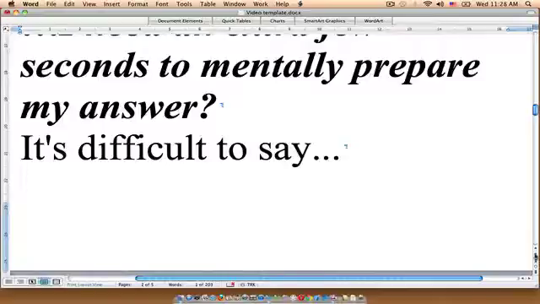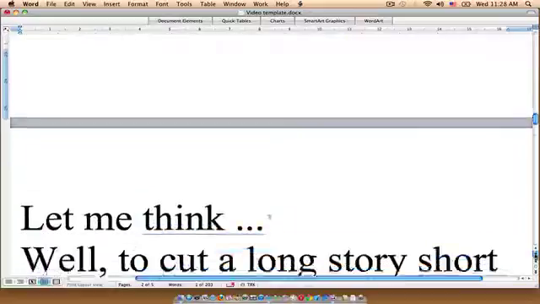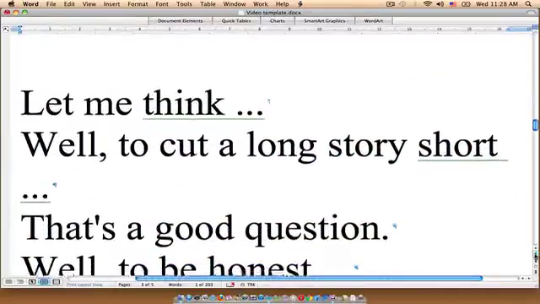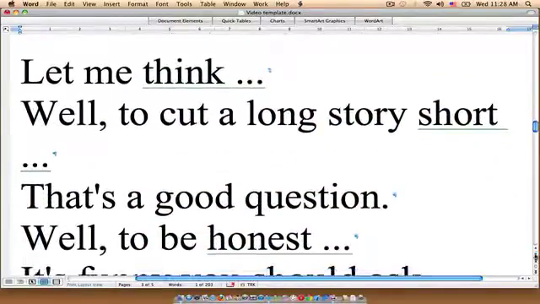So if the examiner asked me something, I'm not really sure what I'm going to say, I might say, it's difficult to say. And then I prepare, in my mind, a few seconds what it is I'm going to respond with. Let me think. Well, to cut a long story short, that's a good question.